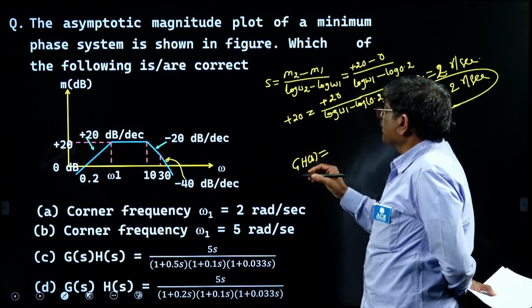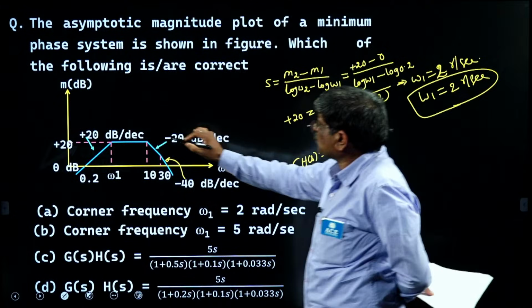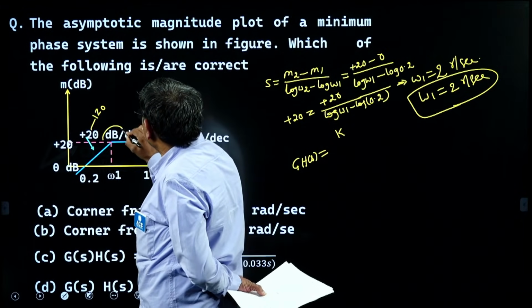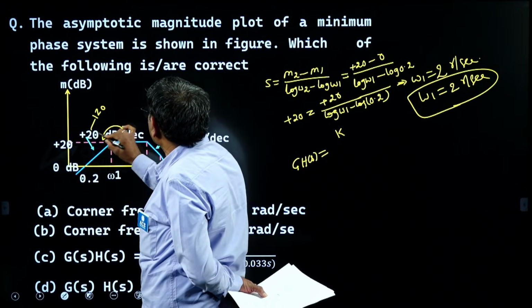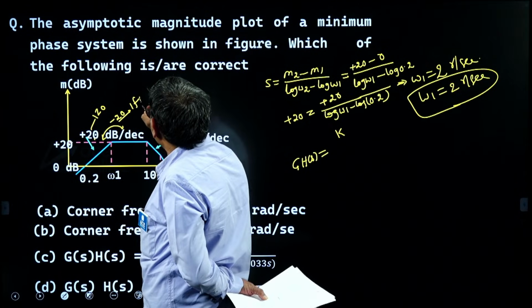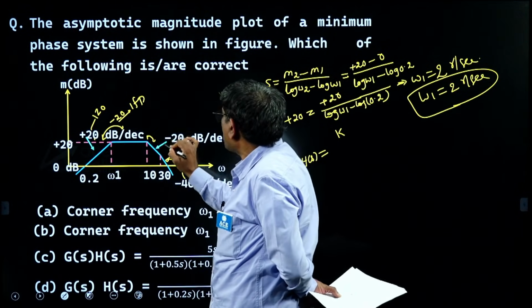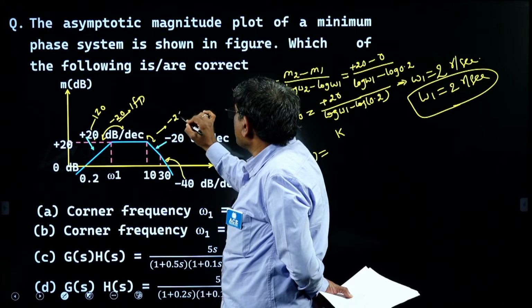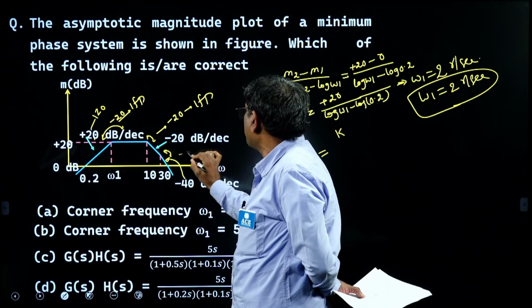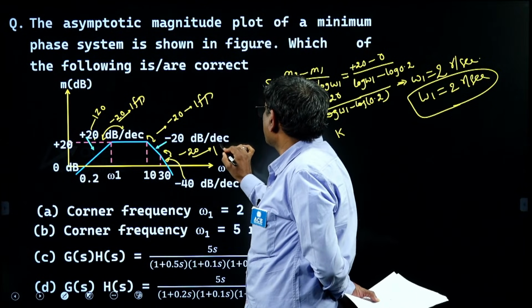So, in the numerator K, here plus 20 means one zero at origin. Here the change in slope, what happened? Minus 20, opposite sign, add. Minus 20 means one finite pole. Here again change in slope, opposite sign, add. Minus 20, so one finite pole.